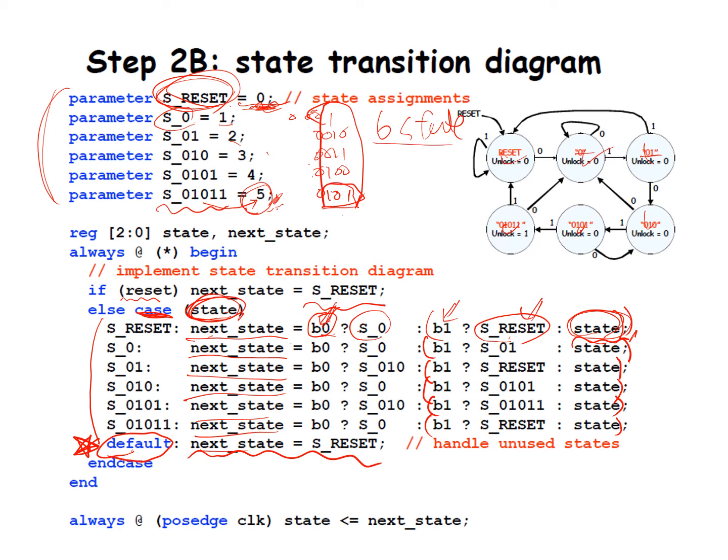if we represent this state in 3-bit binary, then undefined states exist. Without having the default state inside the combinational logic, you will have a latch, right? Such a thing will be a disaster. We don't want to have that latch inside the combinational logic.